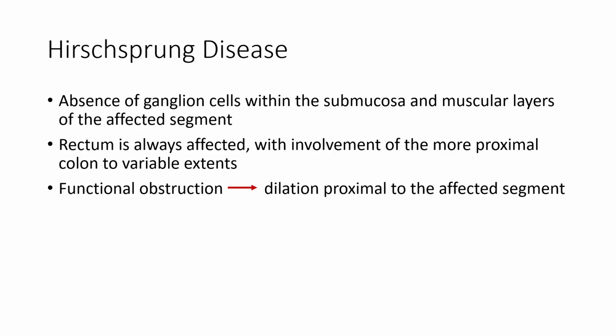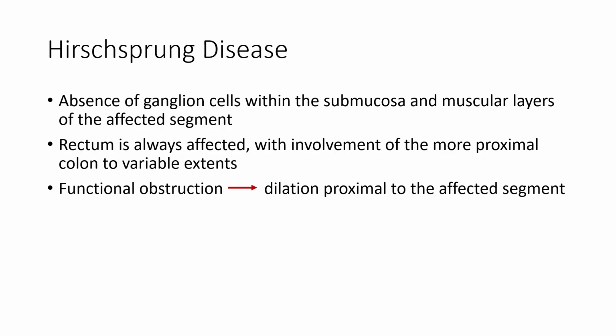As a result of the absence of ganglion cells, coordinated peristaltic contractions do not occur, so functional obstruction results. This functional obstruction results in dilation of the segments proximal to the affected segment.